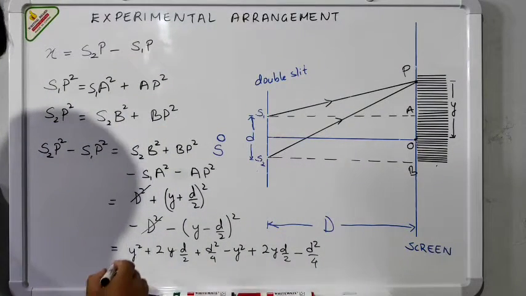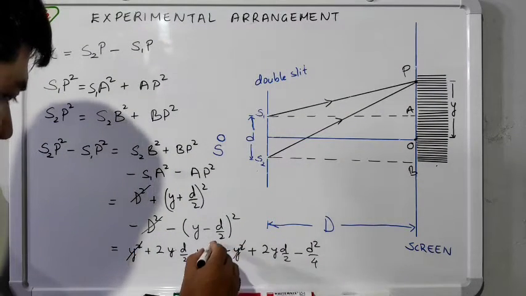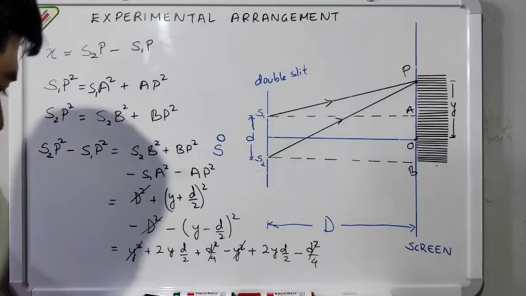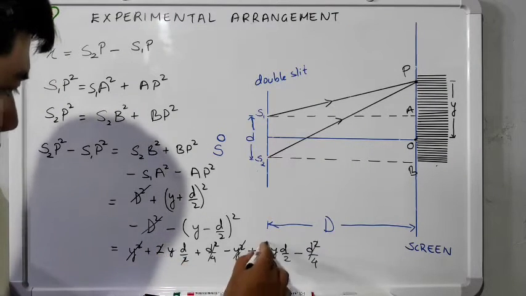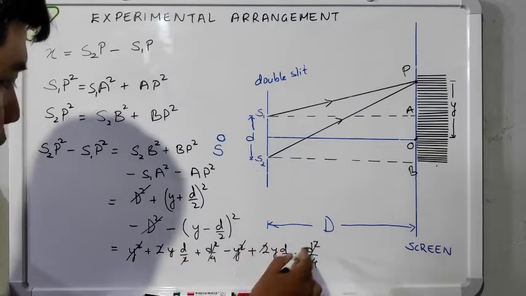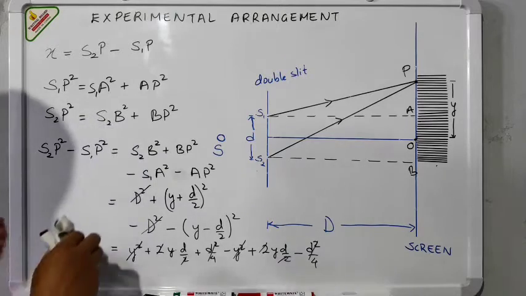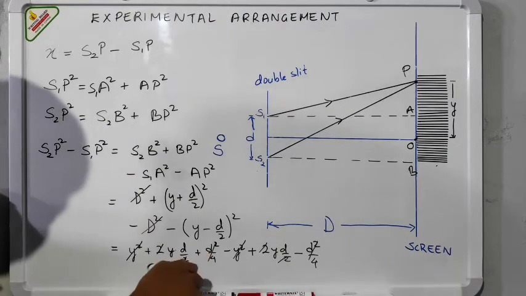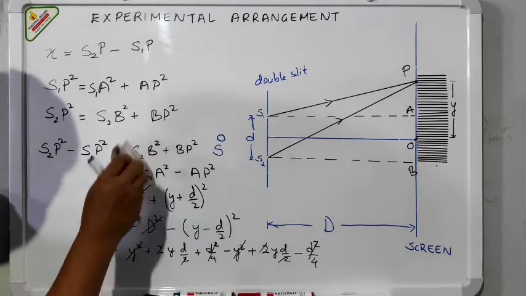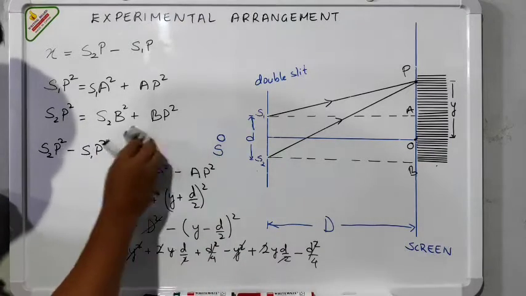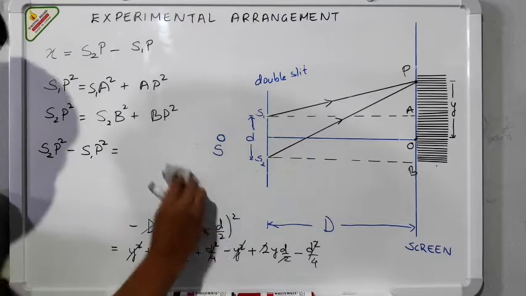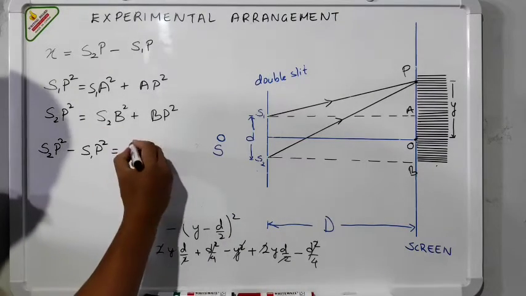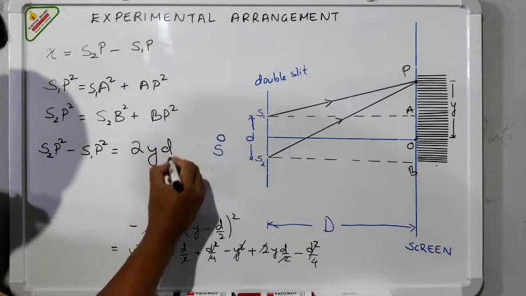Y square cancels, d square by 4 and d square by 4 cancel. We have yd plus yd. S2P square minus S1P square is 2yd.